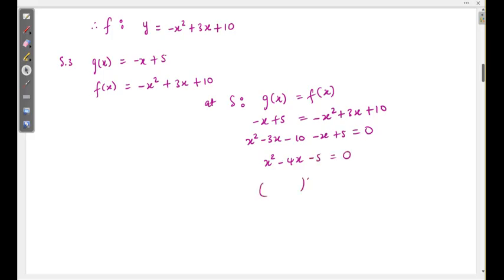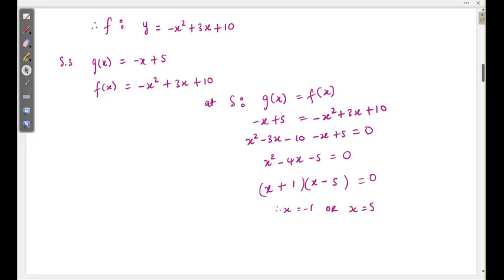Then you can use the quadratic formula, or you could simply factorize. You'll say I need minus 4, so I should have minus 5 and then plus 1. So therefore x will be negative 1 or x will be 5.